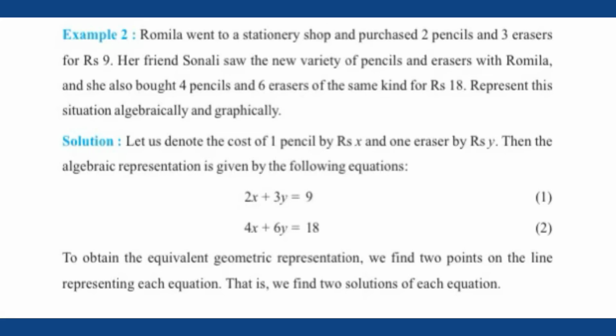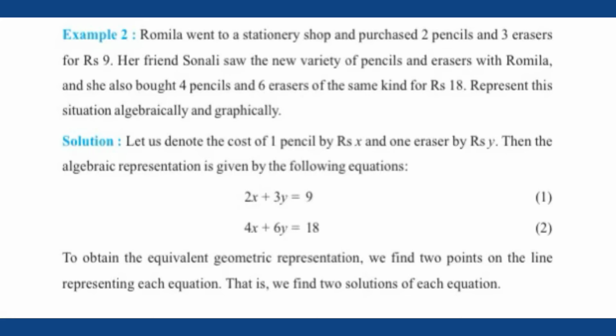So here two things are bought, that is pencils and erasers. Let x represent the cost of one pencil and y the cost of one eraser. Romila bought 2 pencils and 3 erasers for rupees 9.